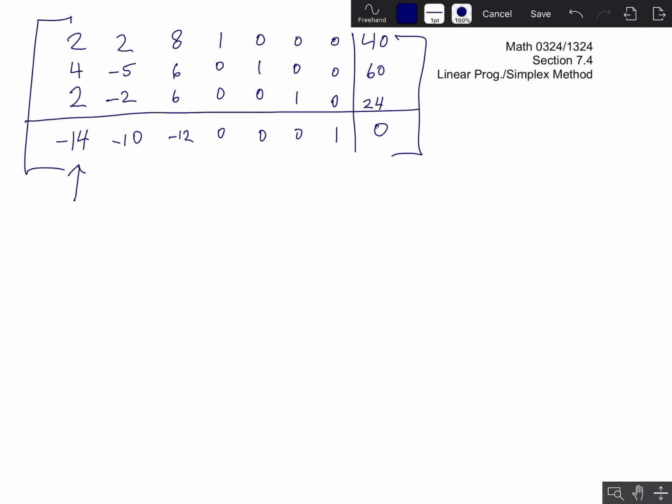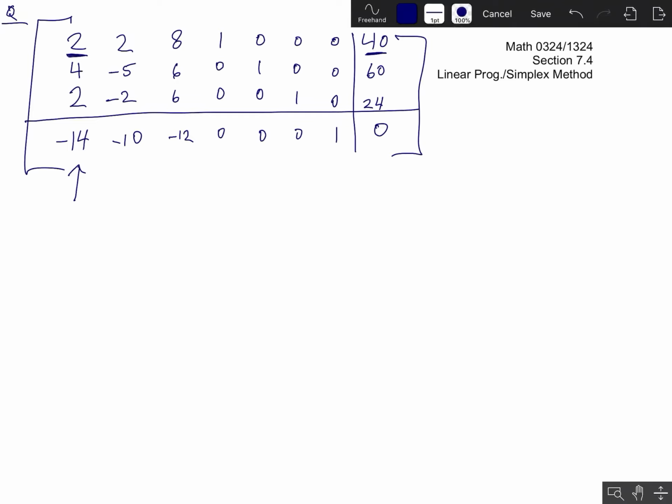Now we need to decide the pivot row. And to decide the pivot row, we need to compute some quotients. I like to compute these quotients off to the side, so I've written a Q up at the top there for quotients. Remember, the quotient was the constant entry in that row divided by this entry in that row.